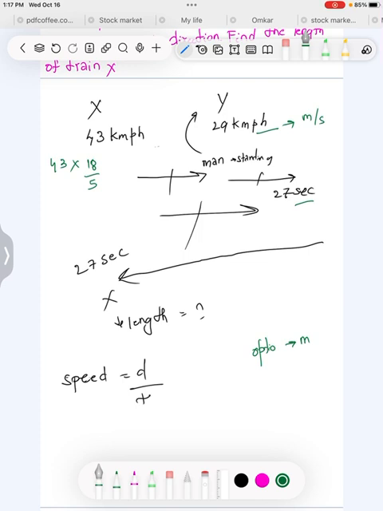Here also, the simple trick is, if you are making it small, the big number will come. If you are making it big, a small number will come, in the numerator.